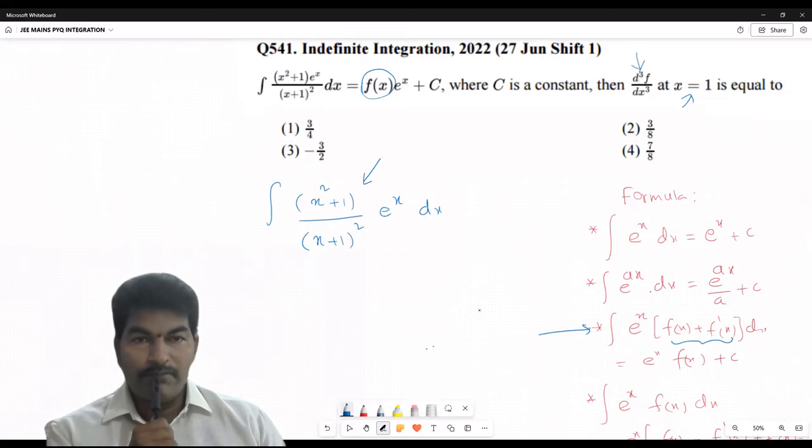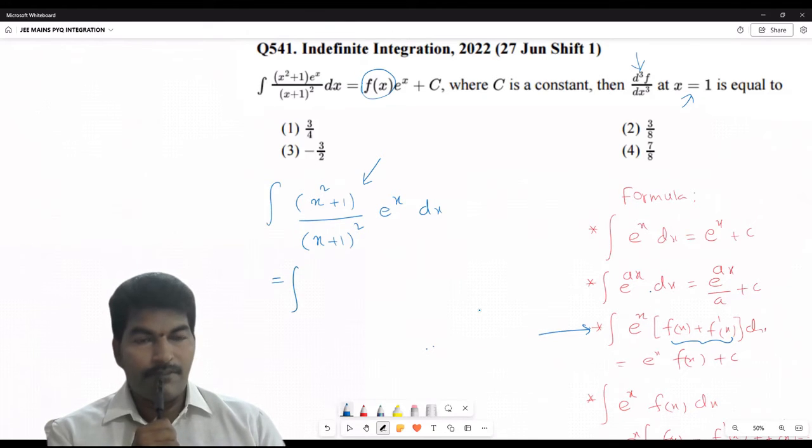It depends upon your practice. If you practice many problems, then automatically you can understand which formula will be used to solve particular questions. It depends on how many formulas you know. If you know the formulas thoroughly, you can automatically identify the problem.